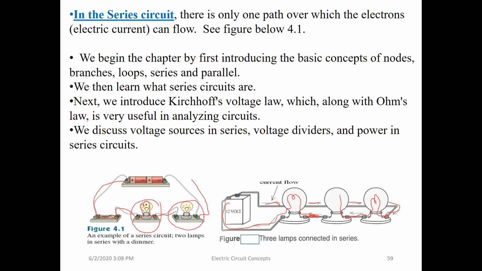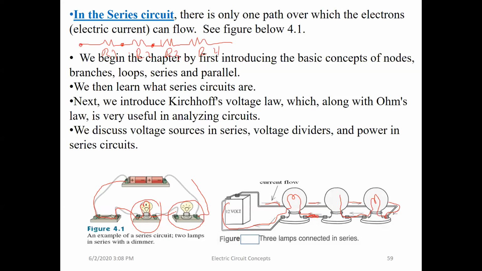Now, if we give you another example, let's say this is resistor 1, resistor 2, 3, and 4. So this is R1, R2, R3, R4. As you notice here, there is one connection between R1 and R2. Later on, we call this a node. There's another connection here. The first end could be connected to something else.